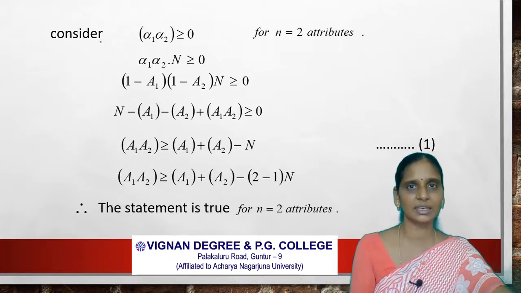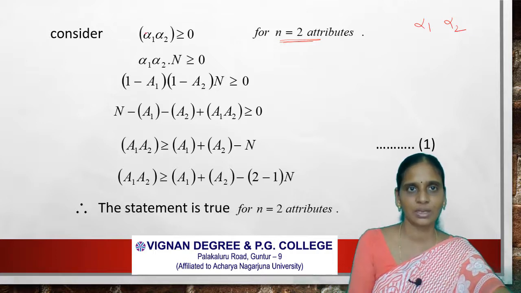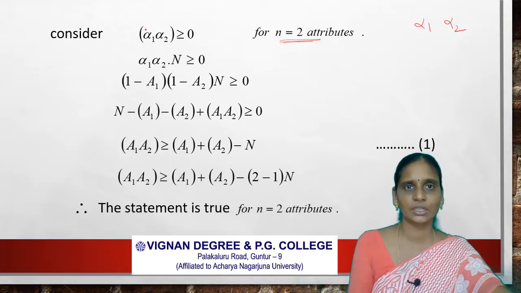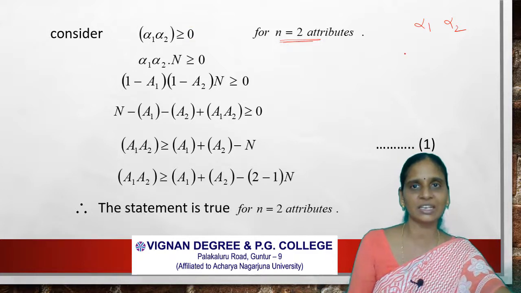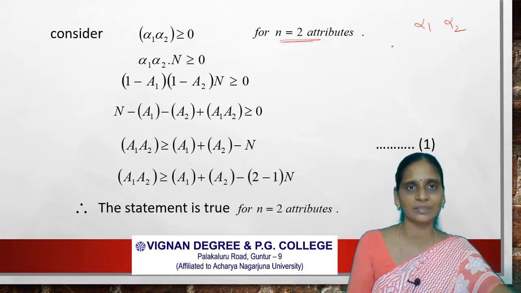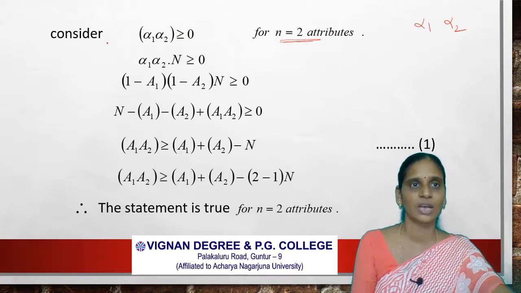We consider here two attributes. Those attributes are alpha 1 and alpha 2. Class frequency of the two attributes, that is frequency of alpha 1, alpha 2, is greater than or equal to 0. That means each and every class frequency is always greater than or equal to 0.